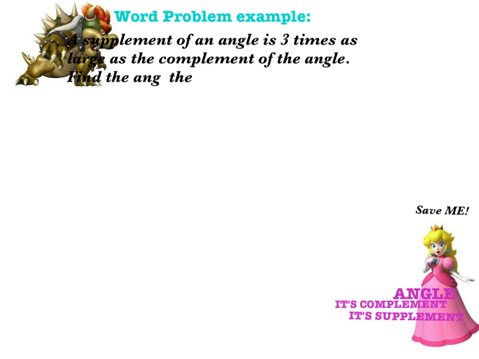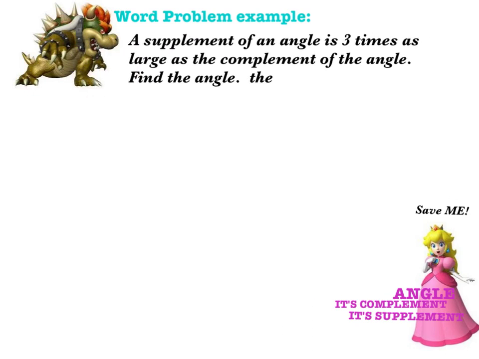Find the angle. One more time, I'll read that to you. A supplement of an angle is 3 times as large as the complement of the angle, find the angle.